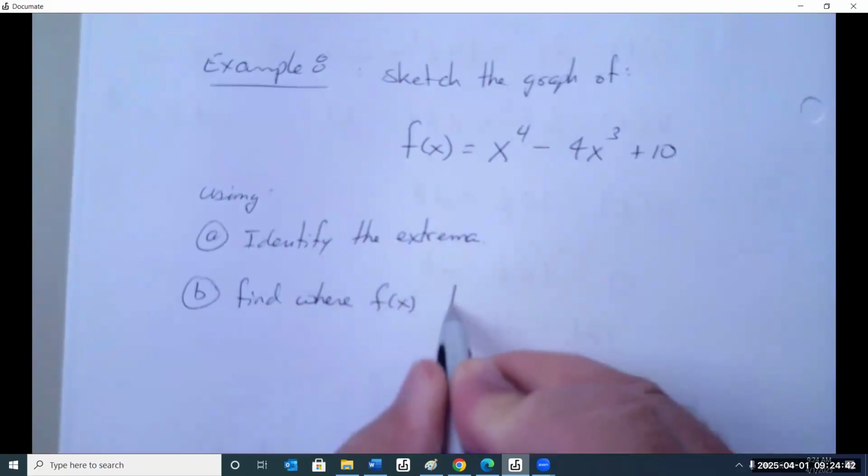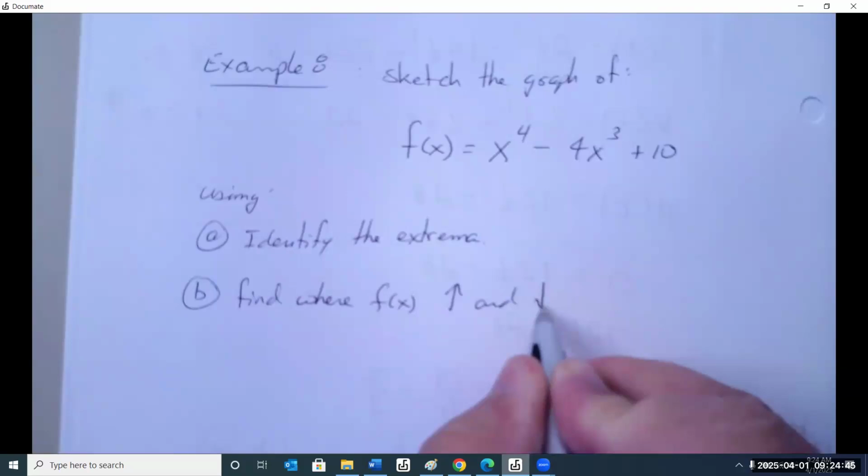Find where f of x increases and decreases.